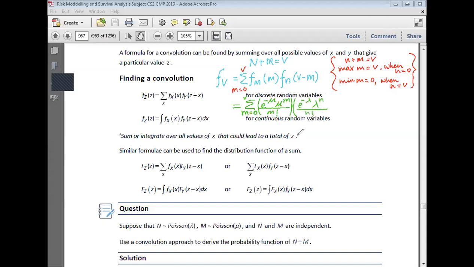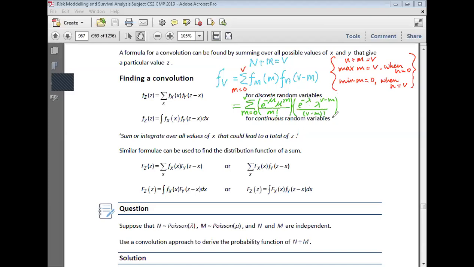No, it's v minus n, right? So instead of n, I should be writing v minus m. So I'll have e raised to minus lambda, lambda raised to v minus m upon v minus m factorial. All right, so what can I do next?